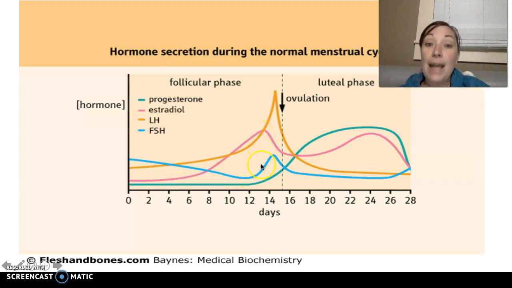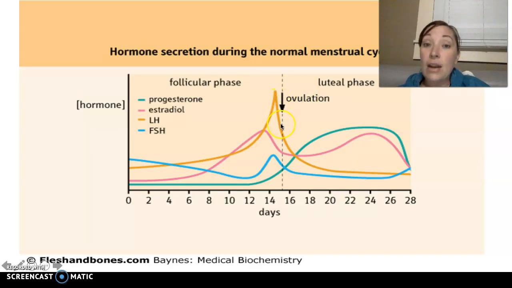So as these rise and start to reach a peak, you get that surge of FSH here, but here's your real LH surge. The inhibin has kept the FSH low. The gonadotropin-releasing hormone, with the high levels of the estrogen, has been released, and that allows this LH surge to occur, which really starts the ovulation.